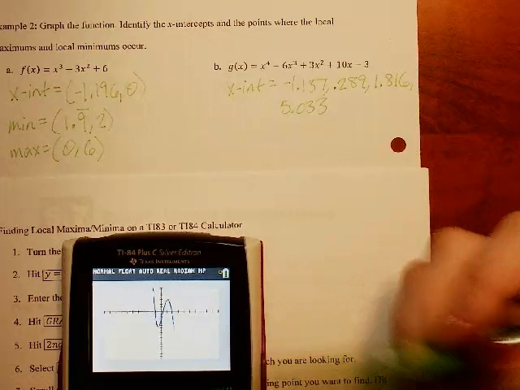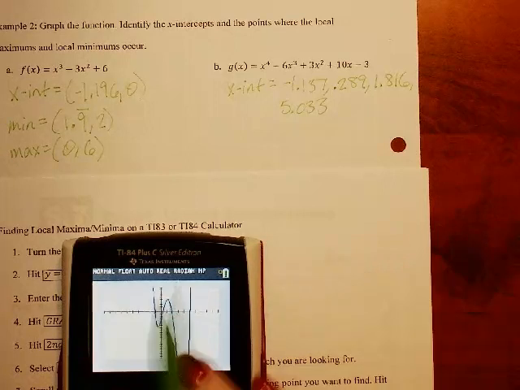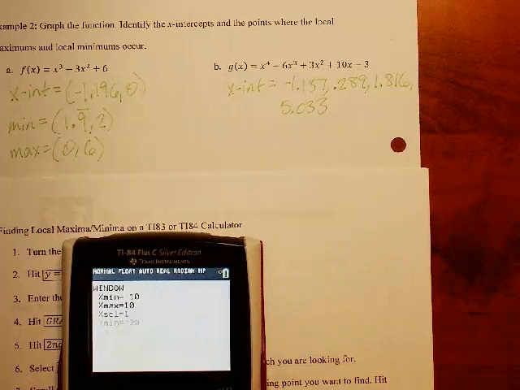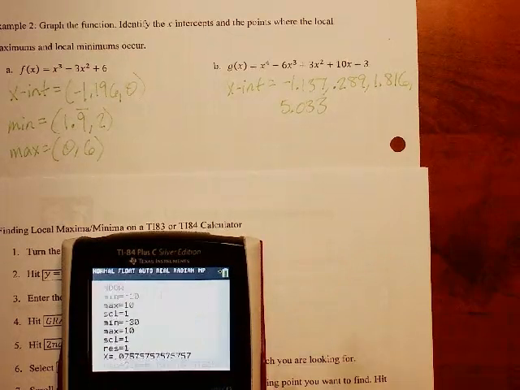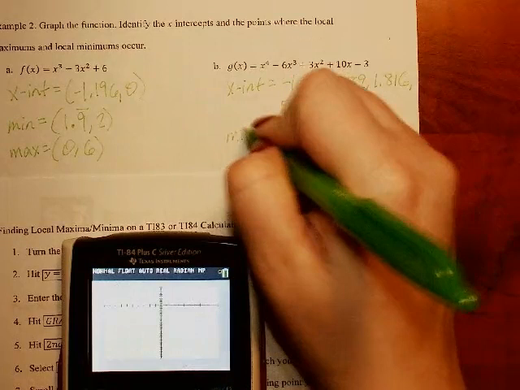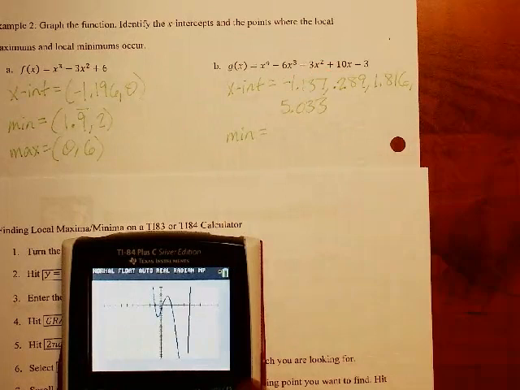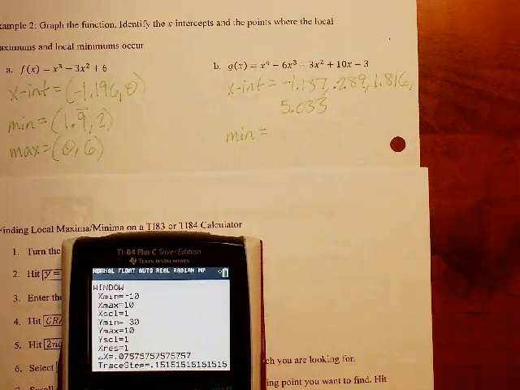So, nope, still can't see it, so I'm going to change it even lower, -30. Still can't, so I'm going to change it a little bit more.